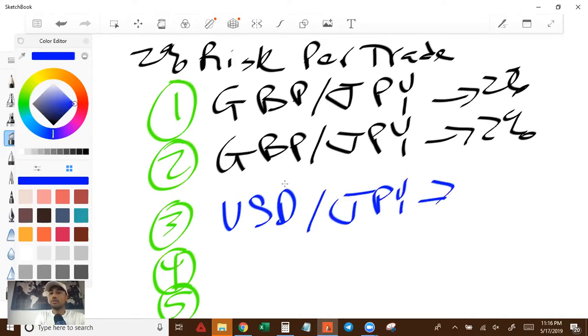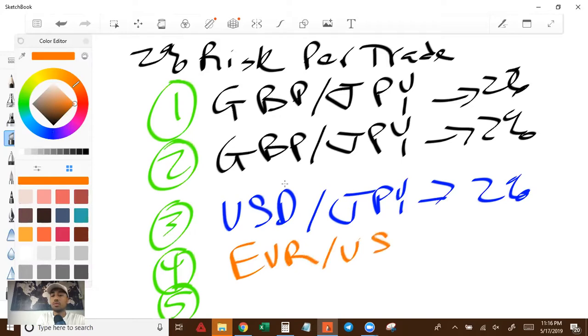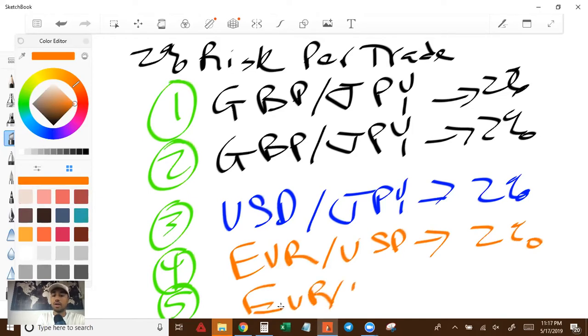You feel confident, but not that confident on this one, so you're only going to do 1. But you also feel really confident about EURUSD, so you get in on 1 and you also get in on another. So again, no more than 2% risk on each trade that you do, period.